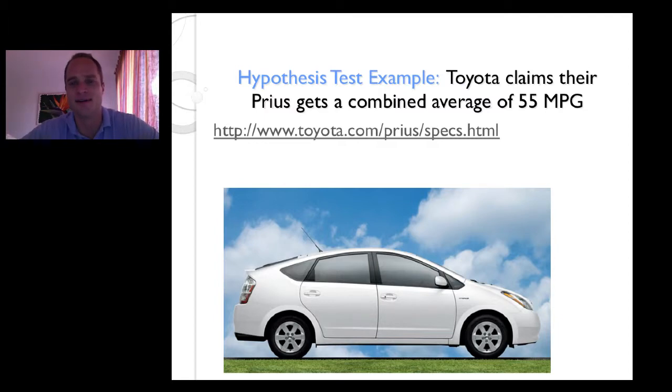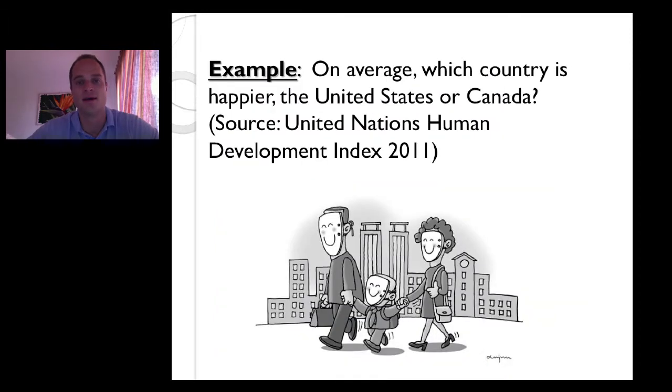A sample fleet of Priuses could be driven under different conditions, times, and steepness, and come up with an average miles per gallon and test that against their 55 miles per gallon manufacturer's claim. And I'm sure tests like this are done for consumer interest groups.